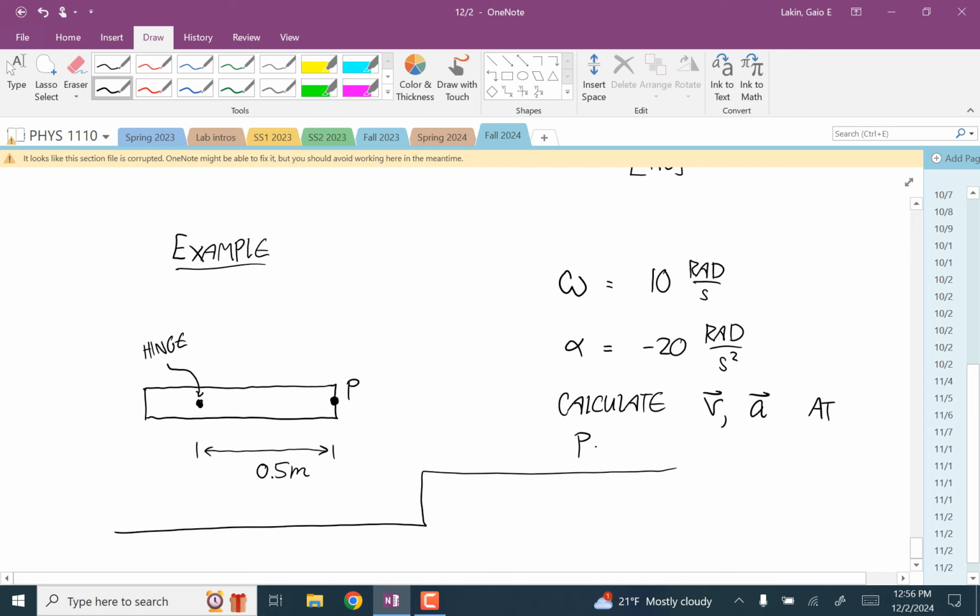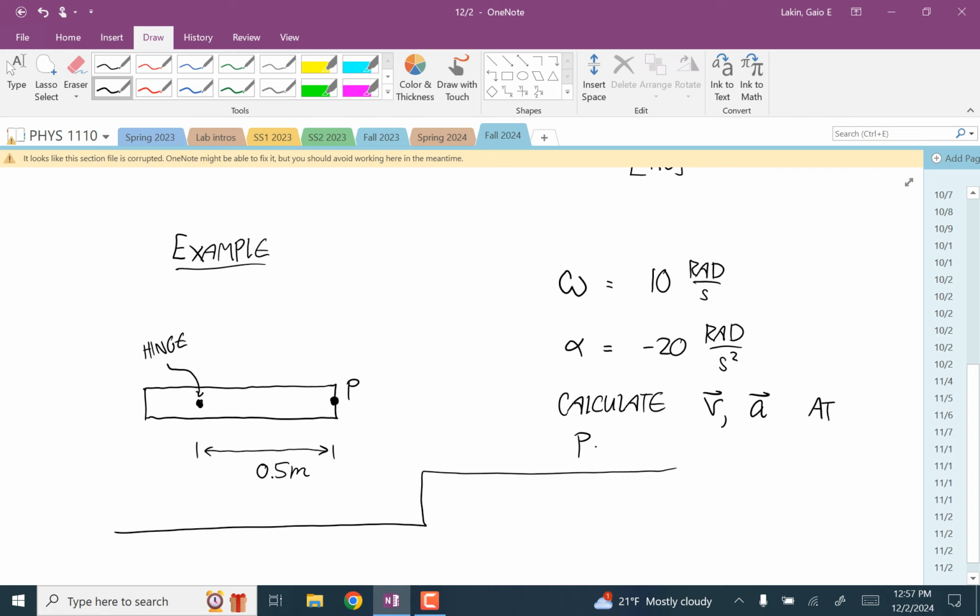We know that the centripetal acceleration magnitude is v squared over r, right? From our equation that says v is equal to omega times r, we can calculate, I mean, we have to calculate that v anyways to get the velocity vector. And so then we can use it in the calculation for centripetal acceleration.